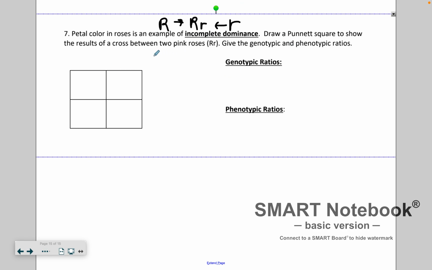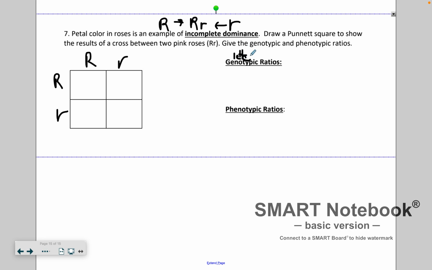So what you're going to do is create a Punnett square for big R, little r, for both of the parents, and then you're going to fill in the Punnett square, and you're going to give me the genotypic. Genotypic means letters, right? I want the letters.